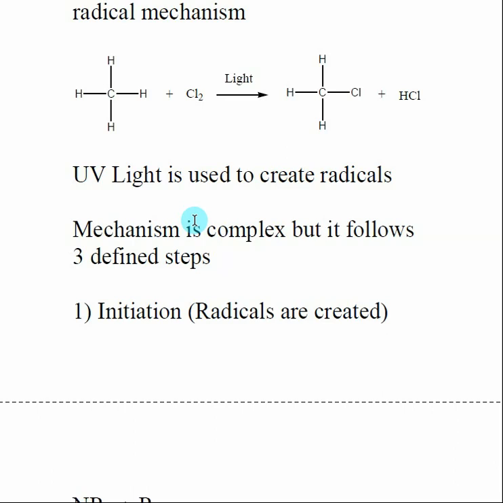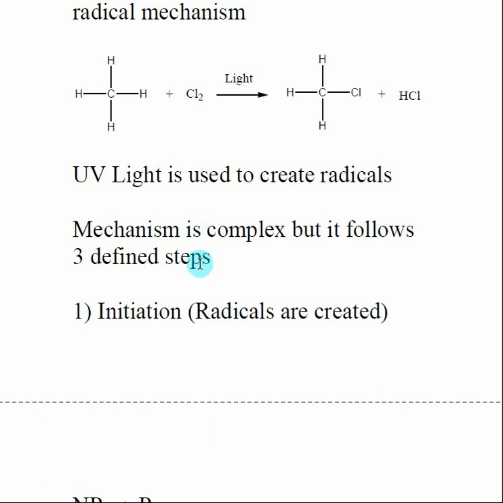So I like to refer to a free radical mechanism as like a bunch of wheels, and they're all spinning at the same time. They're doing different things, and then your product kind of pops out in a couple of different places. So it's not linear. You don't go step 1, step 2, step 3. Here there are multiple steps, and they are kind of all occurring at the same time, and as part of that you make your product.